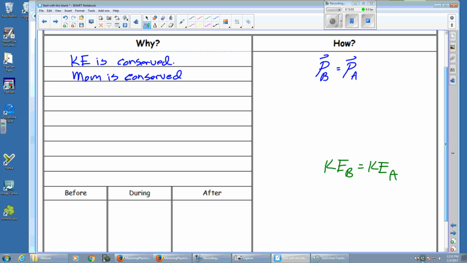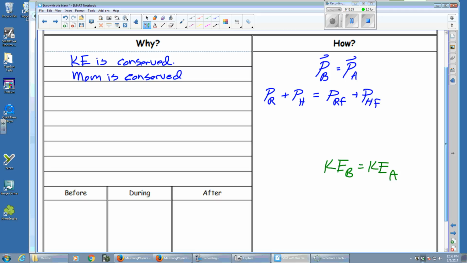So, momentum of the rock plus momentum of the hammer equals the momentum of the rock final plus the momentum of the hammer final. The momentum of the rock before it was hit is 0 because it was lying on the ground.